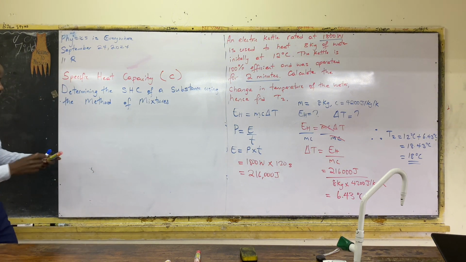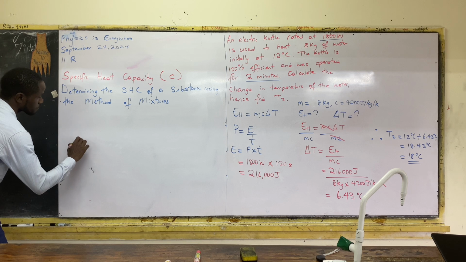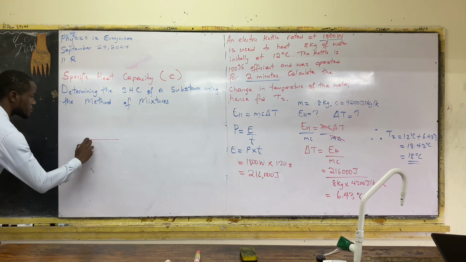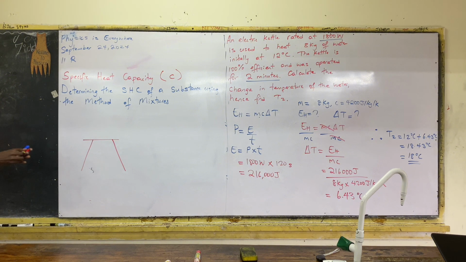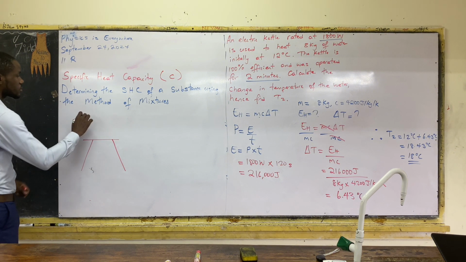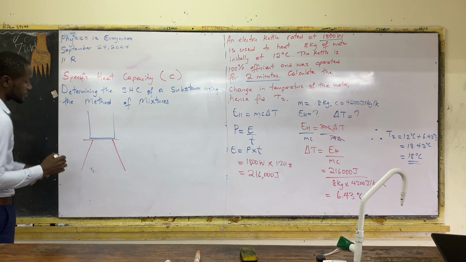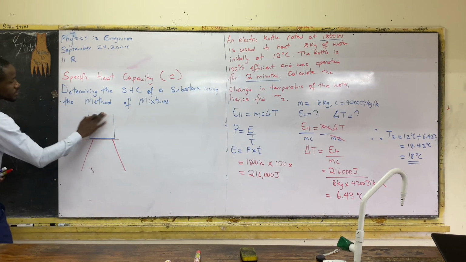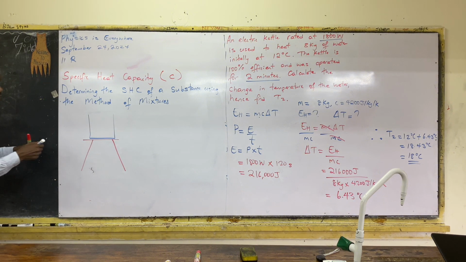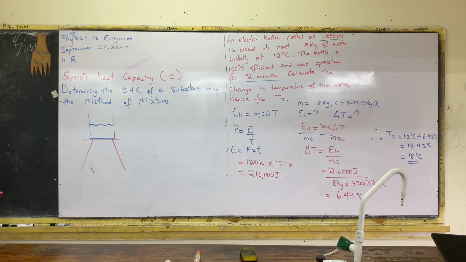Let's say we have this right here. We have something like this. And we're going to have some water inside this container right here. So this is a beaker, right?